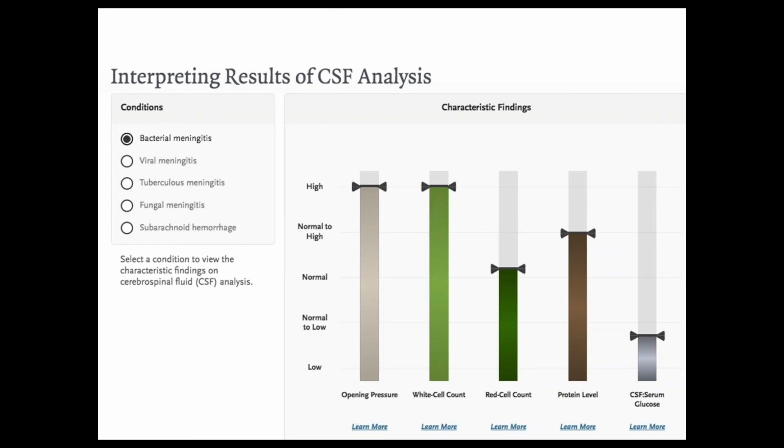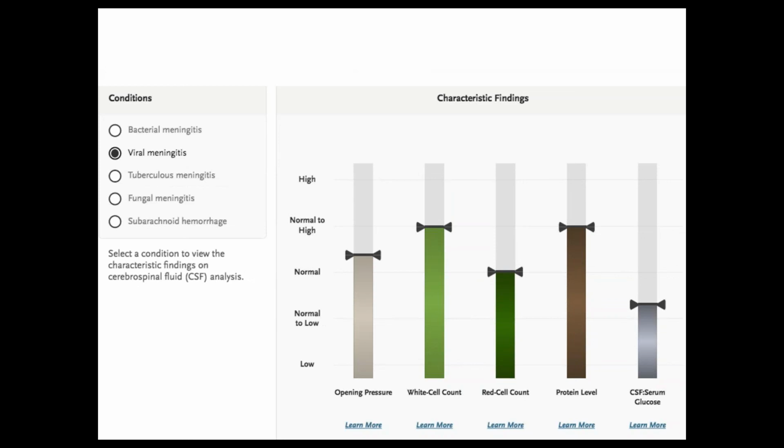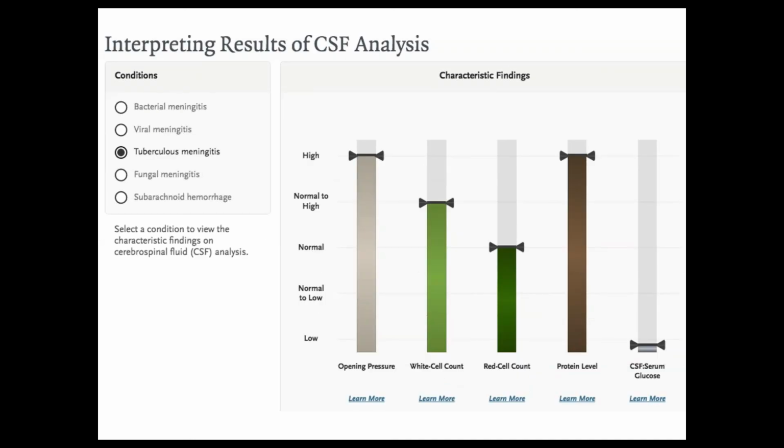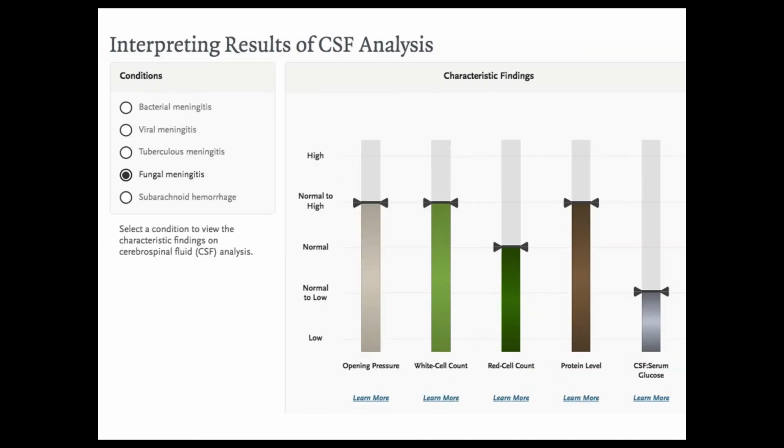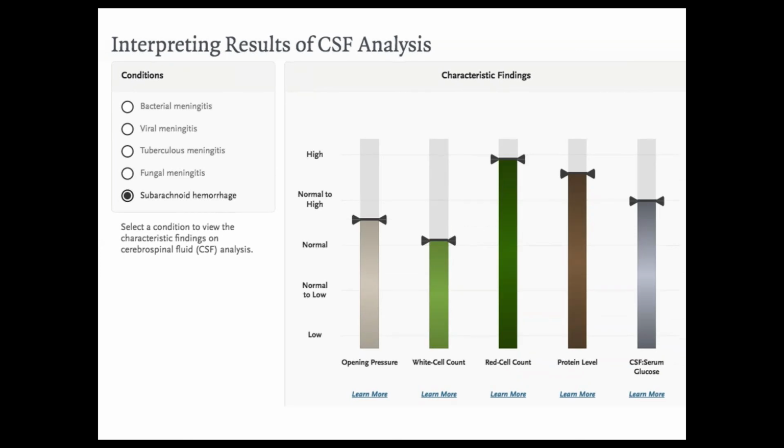Then we look at the differences in patterns of lumbar fluid depending upon whether you have viral meningitis, tuberculous meningitis, fungal meningitis, or a subarachnoid hemorrhage. And so we can look at the relationships between opening pressure, white cell count, red cell count, protein level, and glucose levels in the cerebrospinal fluid in these various conditions. These things are fun to look at, and you should know these things by now.